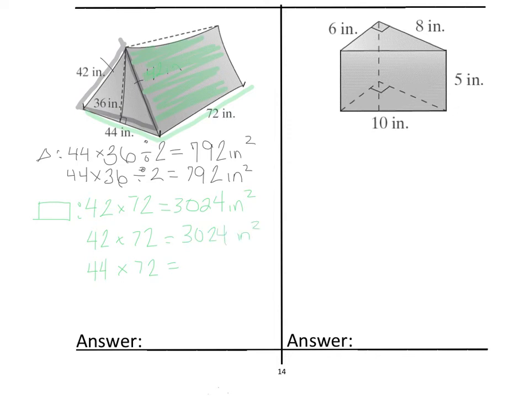And then we have the face that's sitting on the ground. Don't call it the base. Remember that the base of the triangular prism is the triangles. So that gives us 44 times 72, which is 3,168. So now we're asked to find the sum of all 5 sides, the 2 triangles and the 3 rectangles. And that gives us a total of 10,800 inches squared.